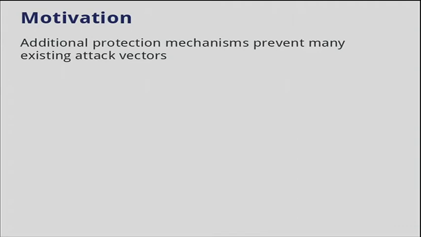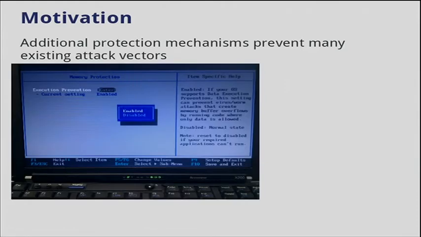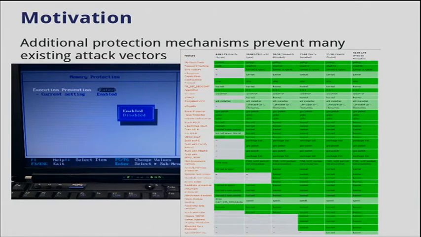So we have hardware mechanisms like data execution prevention that is out there, that's standard, that's usually enabled right now, and this makes many of the traditional exploits impossible, or a lot harder at least. And we also see, you don't actually have to read this table, but this is the comparison of the Ubuntu security features for all the old versions.